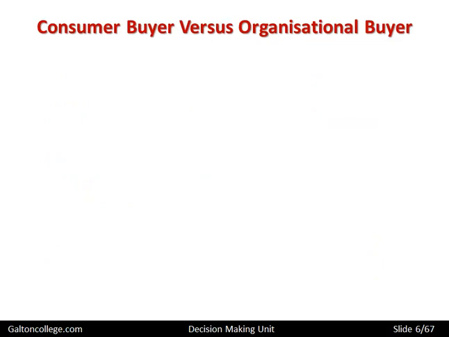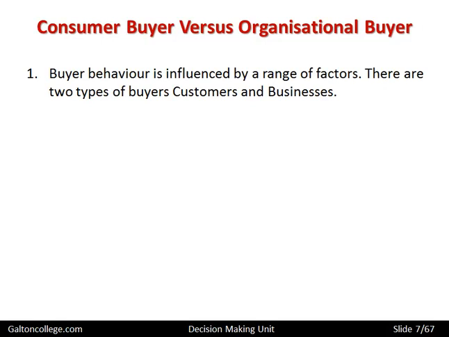So there are customer buyers and organizational buyers. Buyer behavior is influenced by a range of factors. There are two types of buyers: customers, who buy the product for themselves to consume and to enjoy, or there are businesses who may buy intermediate products like components or raw materials or capital equipment, or they may buy services of accountants or of legal experts.